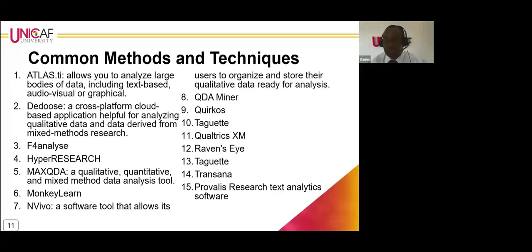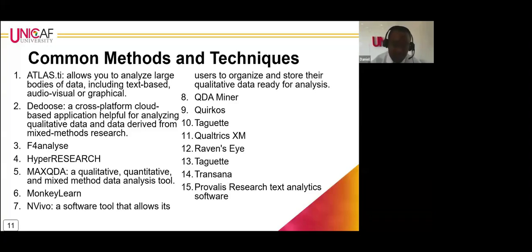Okay, say we have a student pursuing doctoral studies who is interested in using technique number 10, Taguette. What does it do? How do they use it? So you will choose the technique depending on how familiar you yourself are with it and what you think you are able to do with the data that you generate from it.